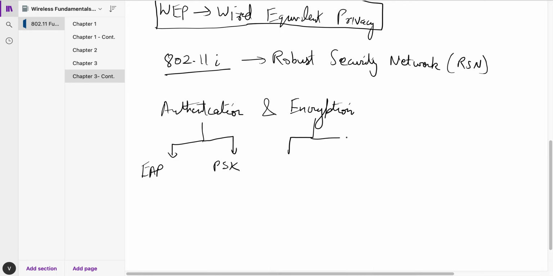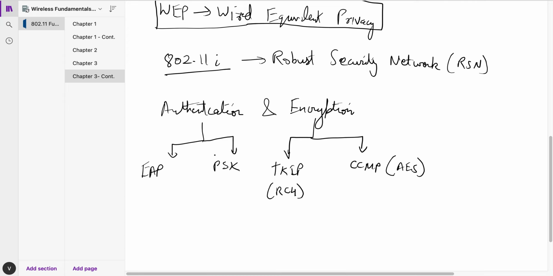A couple of encryptions which were also brought in this standard were TKIP encryption and CCMP encryption. Now, CCMP uses the AES algorithm. TKIP uses the RC4 algorithm, which was also used in WEP, the same algorithm, with some enhancements, of course.